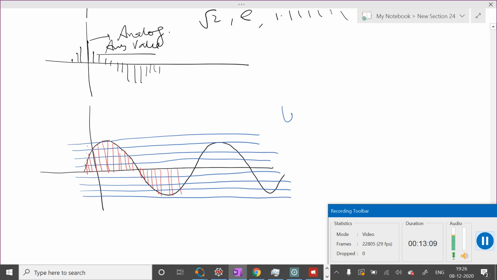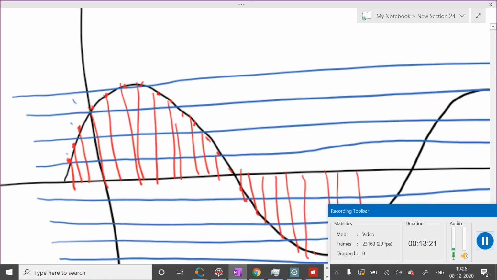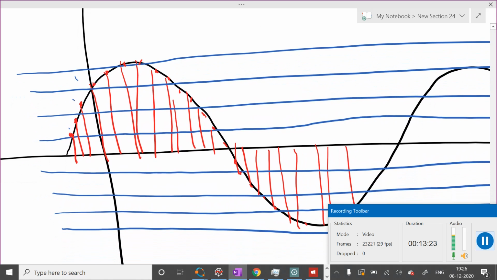I have divided it into 8 levels, and the rule is like this. I will zoom in. Look at any sample. You have to map the value of that sample to the midpoint.